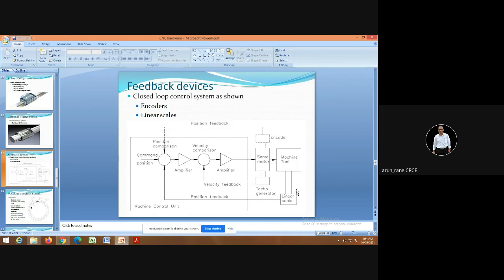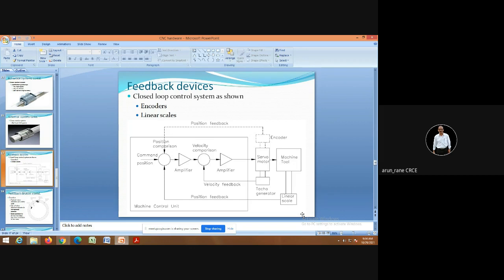Now linear scales are obsolete, because linear scales are glass scales, and they have to be handled very carefully, because glass can be broken very easily.